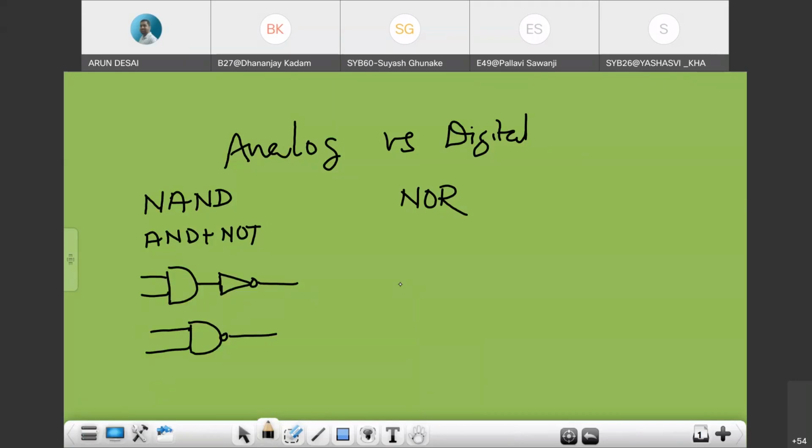Is it visible? Right. So NAND is AND plus NOT, and the symbol for NAND is given over here.